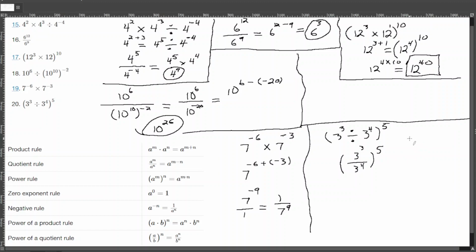We start off with 3 to the third minus the fourth, so we end up with 3 to the negative 1. If we have 3 to the negative 1 to the fifth power, now we can use the power rule, so take them and multiply. So it ends up being 3 to the negative fifth. And then if we flip that, that's 1 over 3 to the fifth power, positive.